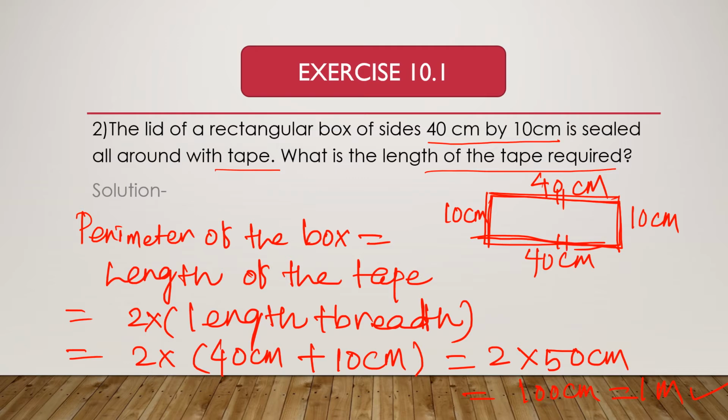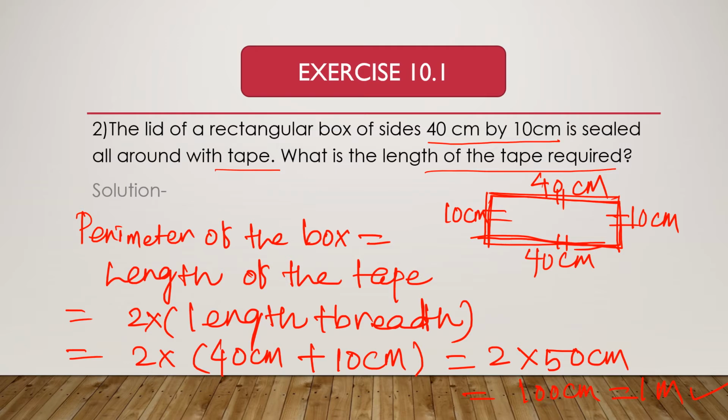So 40 centimeter and 40 centimeter, and 10 and 10. If we add all the sides of this rectangular box, 40 plus 40 is 80, 80 plus 10 is 90, 90 plus 10 is 100.